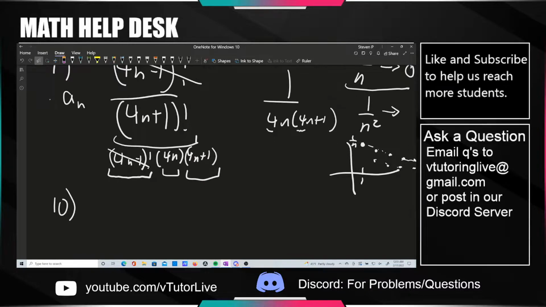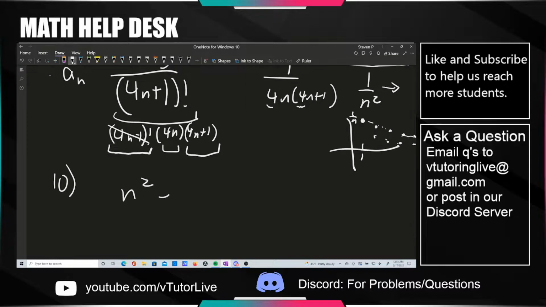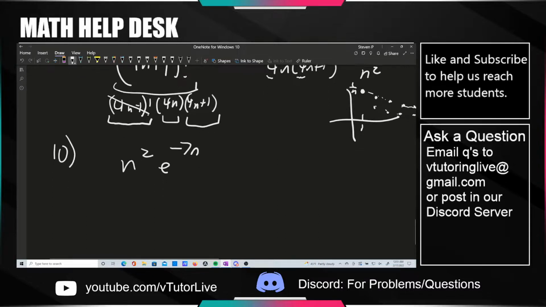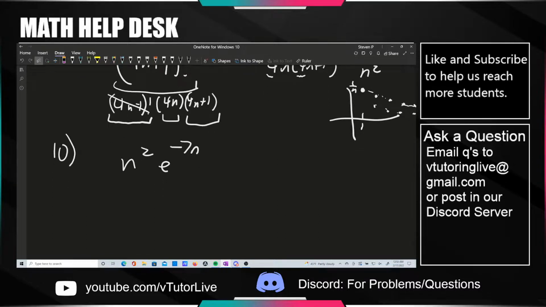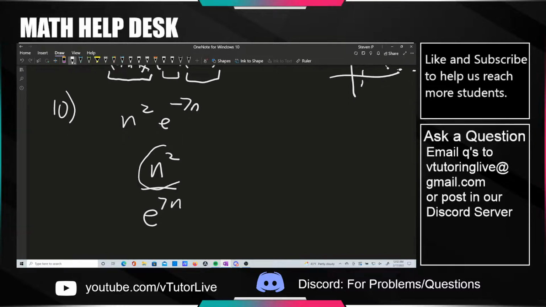Alrighty. So the last question is n squared e to the minus 7n. So we're trying to figure out, again, what the limit of this thing is as n approaches infinity. Let's just rewrite this as n squared divided by e to the 7n. And intuitively, we know that polynomials grow kind of fast, right? That's a parabola.